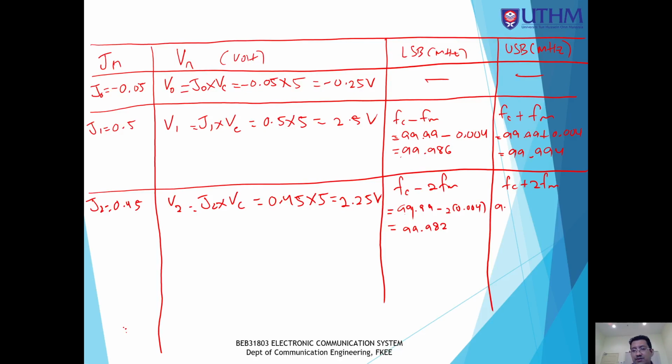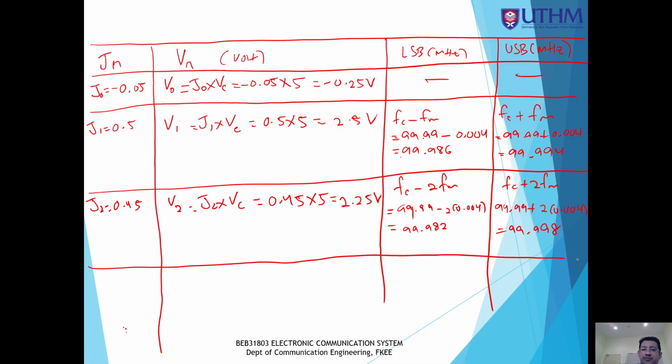And this one is 99.99 plus 2 times 0.004. So this is located at 99.998 megahertz. And you can do the rest until J5.